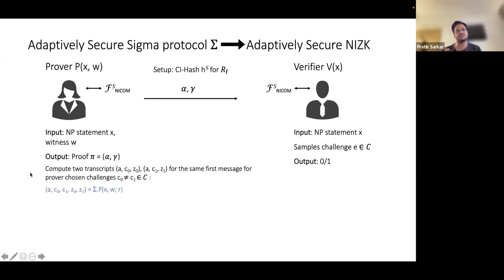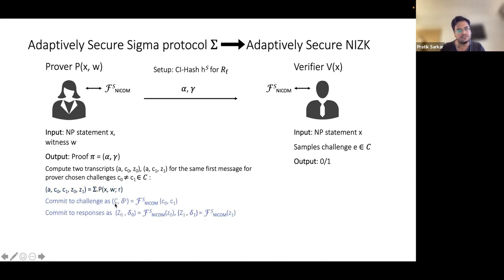First it computes two transcripts, A, C0, Z0 and A, C1, Z1, for the same first message A and two different prover chosen challenges, C0 not equal to C1. Then it commits to the challenges using the FNICOM, and it commits to the responses Z0 and Z1 using the FNICOM.